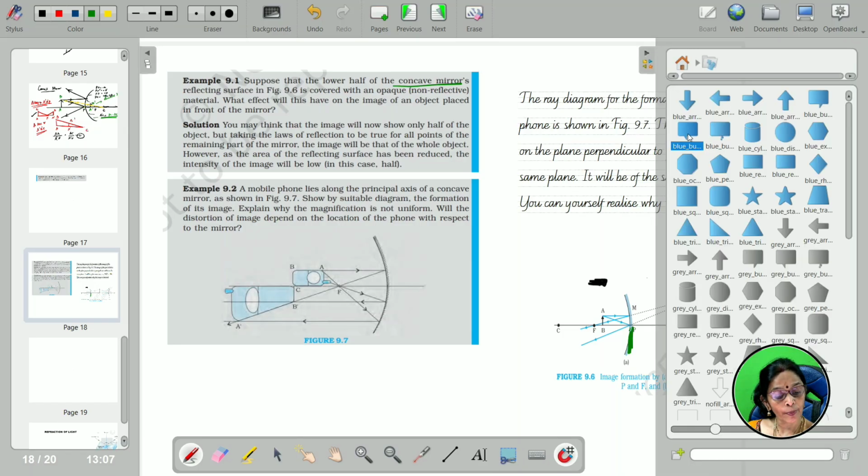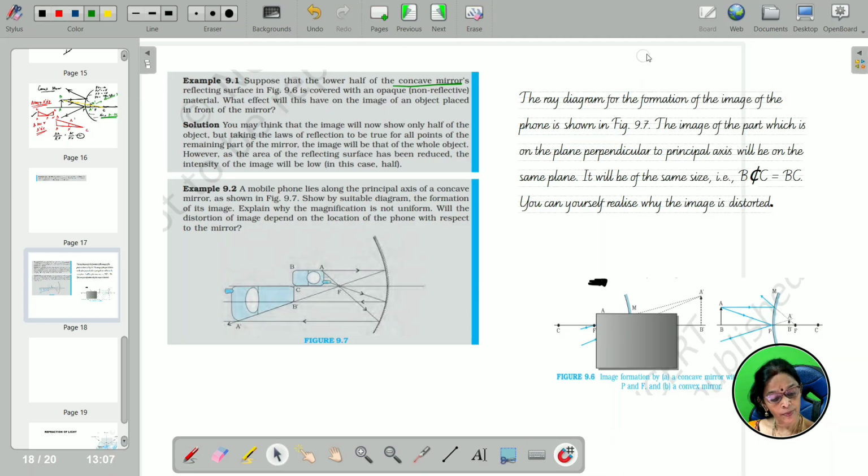Let me cover the lower part alone. So the lower part is completely covered, and only the upper part is available for reflection.